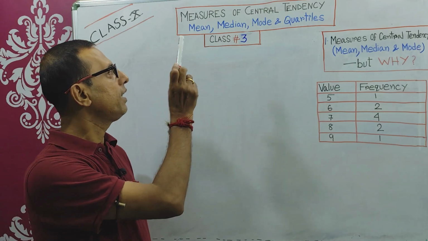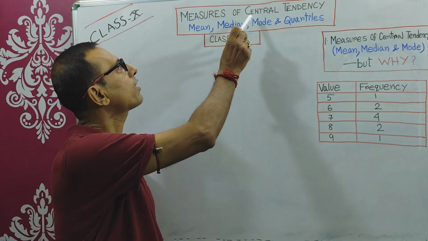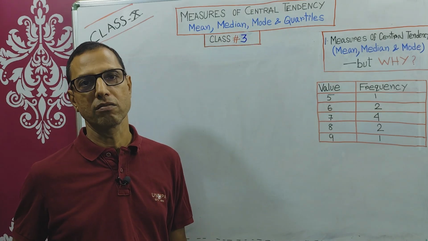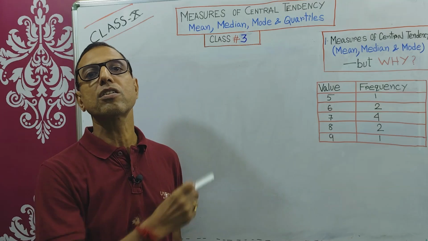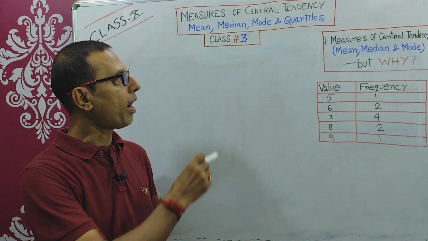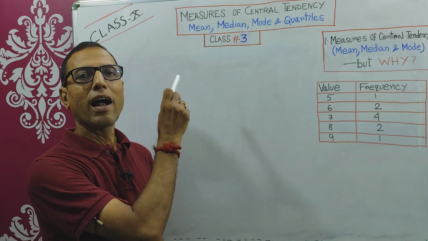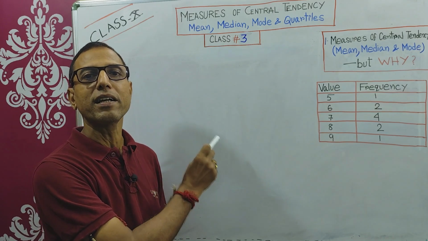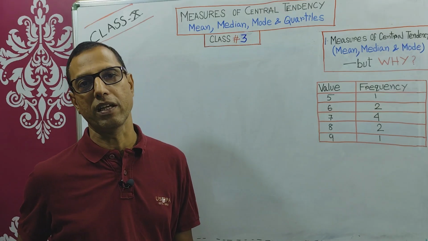So in this third class you will understand what is actually central tendency and why mean, median and mode are the measures of central tendency. That I am going to explain. And to understand that, you need to understand the data distribution, how it looks graphically.